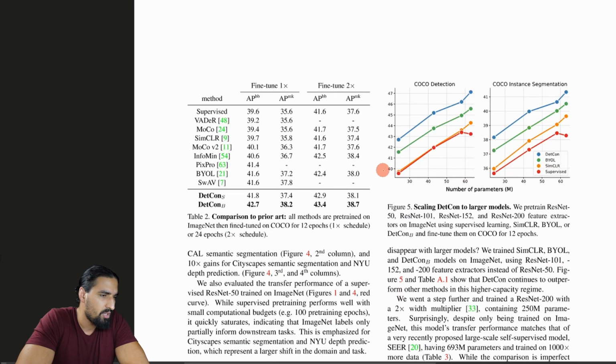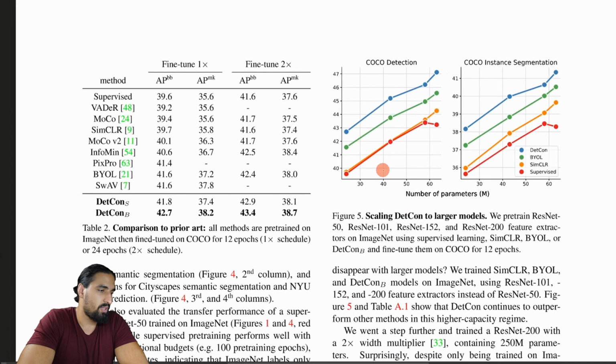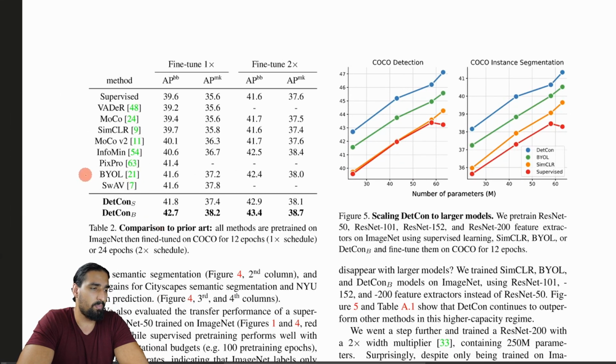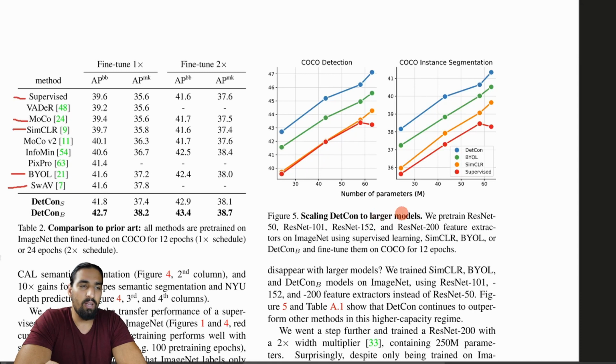Here they compare DetCon again against various different baselines, not only BYOL and SimCLR, but also MoCo, supervised, SwAV, and other methods, and they show that it consistently outperforms all of those baselines. One thing they worried about is that maybe scaling the number of parameters would give qualitatively different behavior with DetCon compared to the previous baselines, and this confirms that the method does scale, the performance does not change, and it still outperforms.